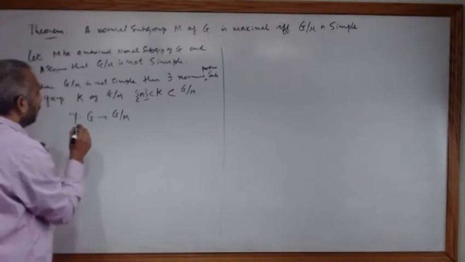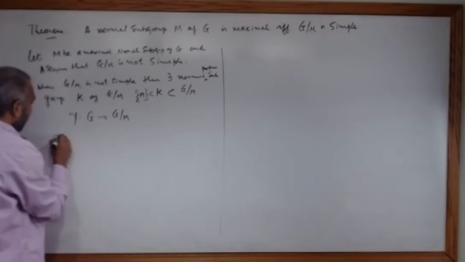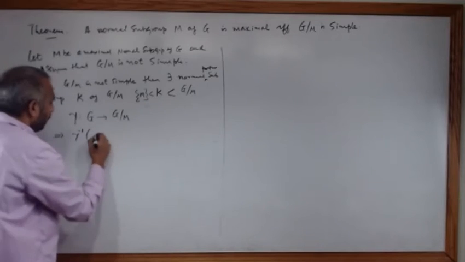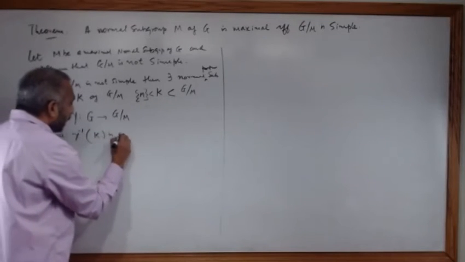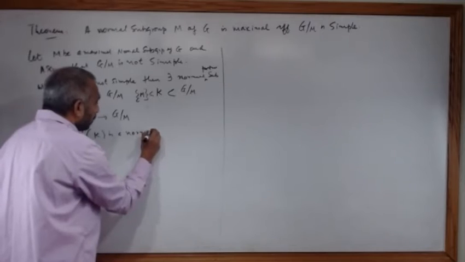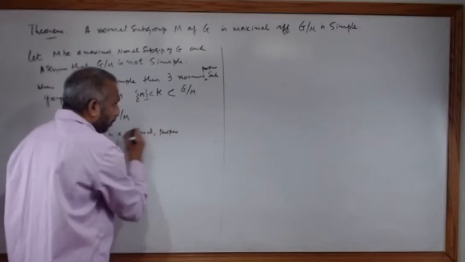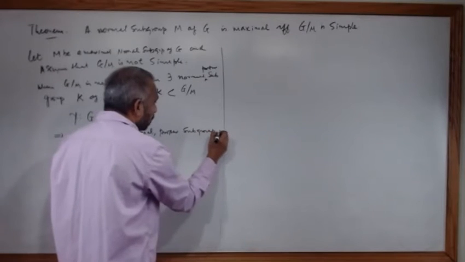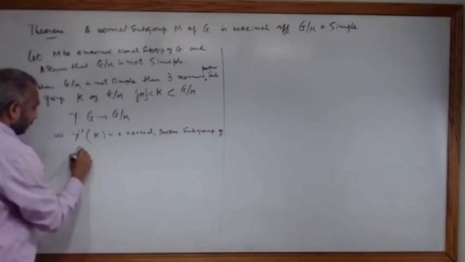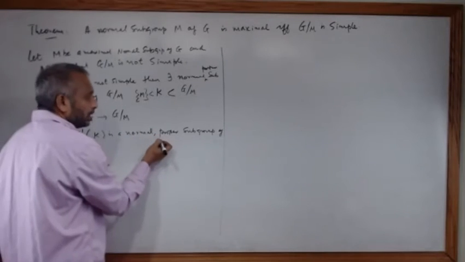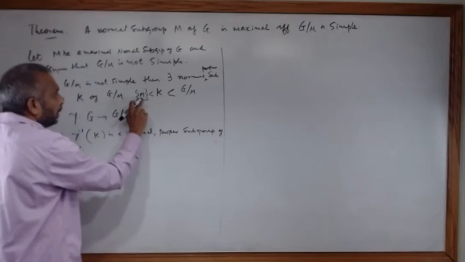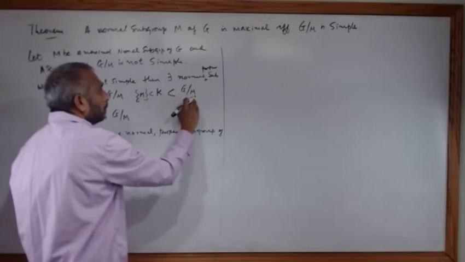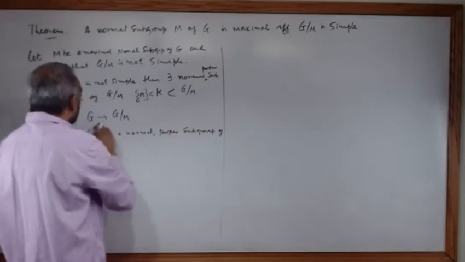So that implies gamma inverse of K is a normal proper subgroup of G, and it's also non-trivial because G over M is an onto map.